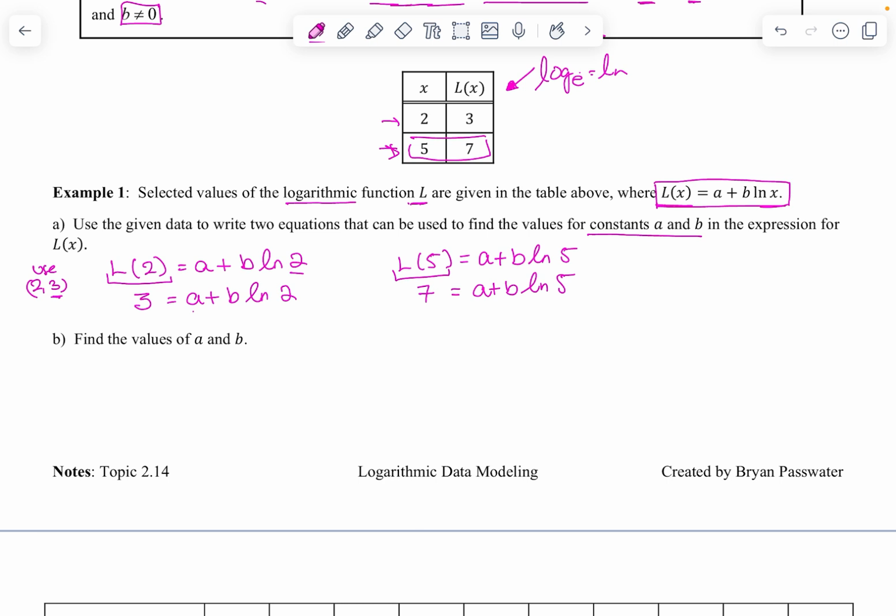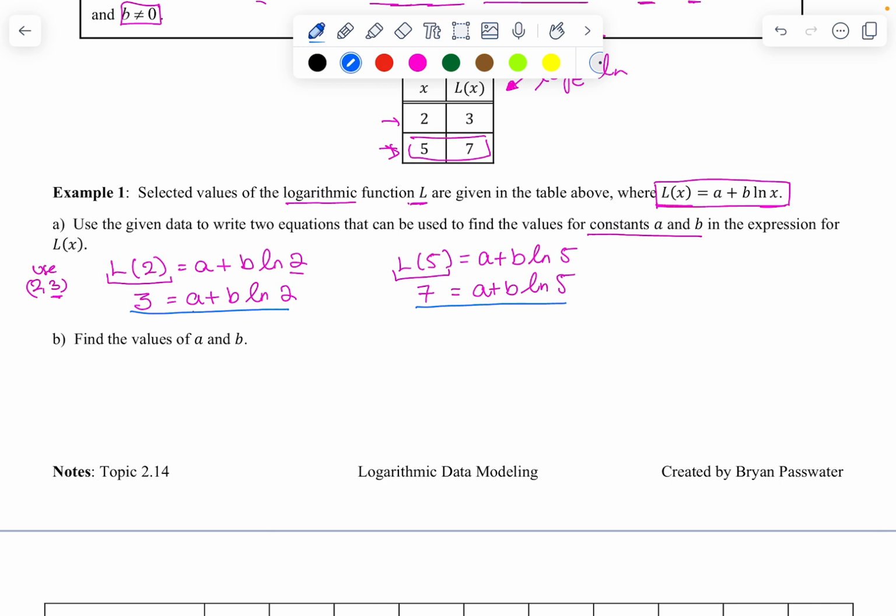And the method we're going to use is from Algebra 1. We have these two equations. We have this guy and this guy. So we know that these two equations should give us the same a and the same b.